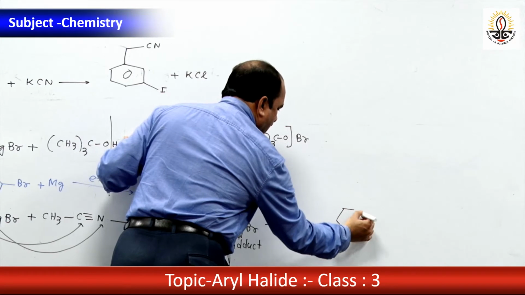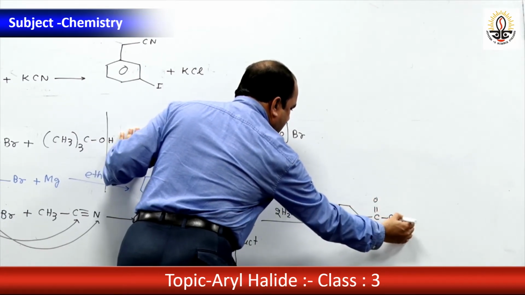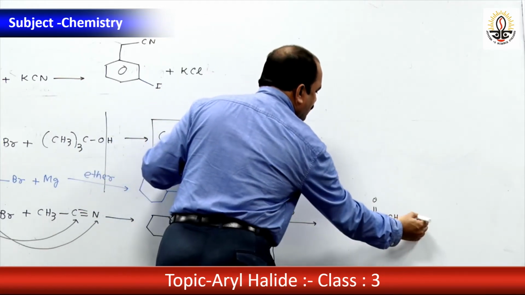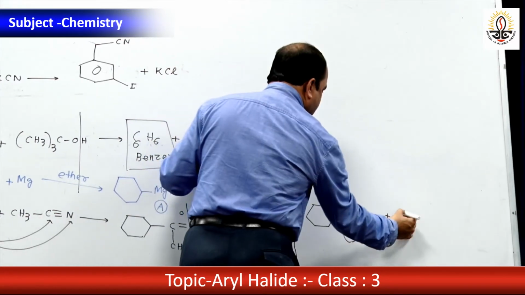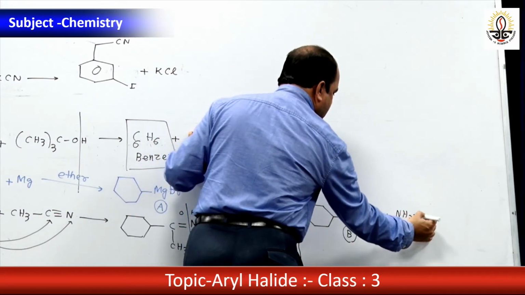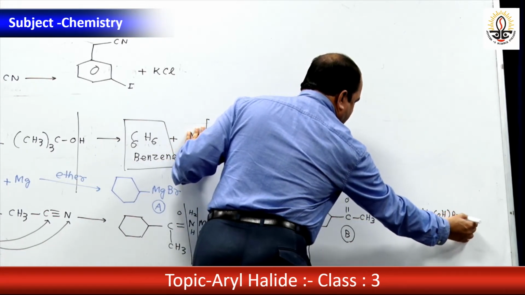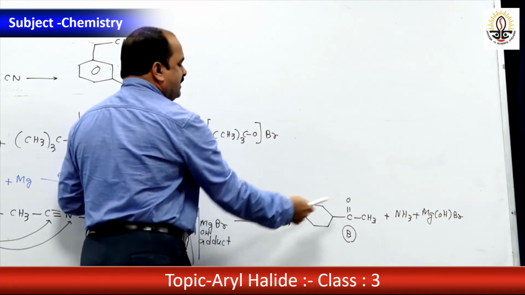Here we get the ketone, C double bond O CH3. This is the main product, cyclohexyl methyl ketone, which is B, plus NH3 as a byproduct, plus MgOHBr. It is a ketone.